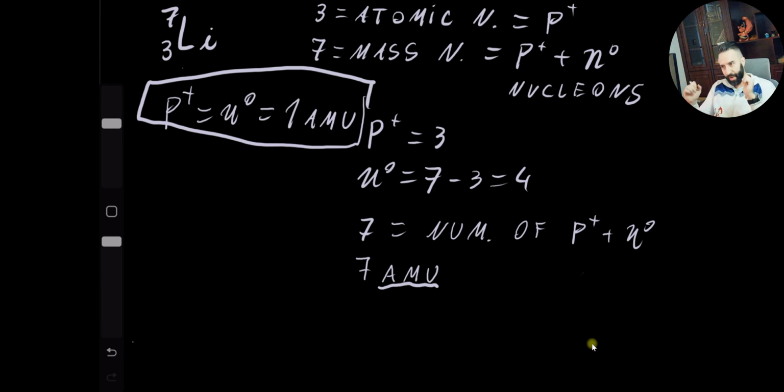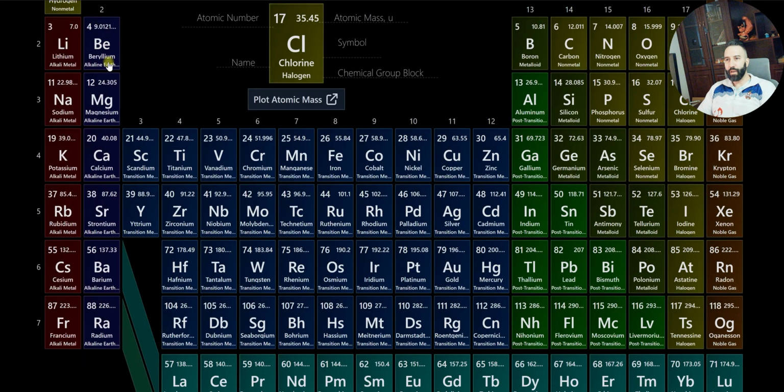The mass number of an element means the mass of the nucleus, which is actually the mass of the whole atom because the electrons weigh almost nothing. So if I look here, beryllium has a mass number of 9.01. That means the mass of one atom of beryllium is 9.01 atomic mass units, or AMU. Calcium is 40.08, which means that one atom of calcium has a mass of 40.08 atomic mass units.